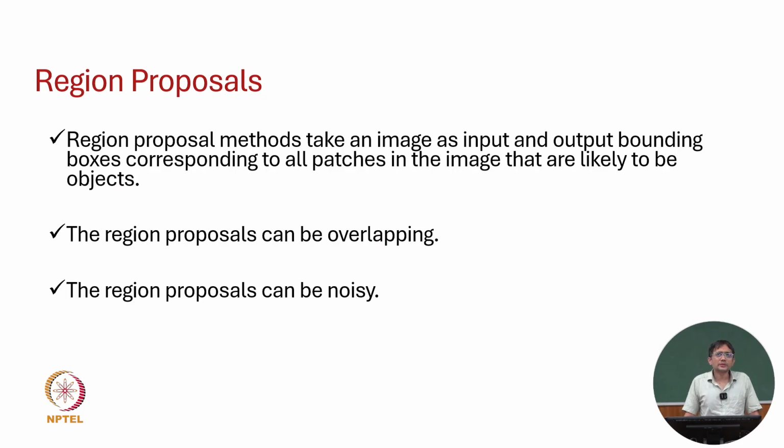Okay, talking about the region proposals itself. Region proposal generation methods take an image as input and provide us with the bounding boxes that are likely to be objects. The region proposals itself can be overlapping, and they can be quite noisy as well.